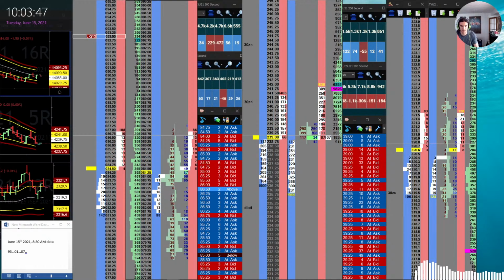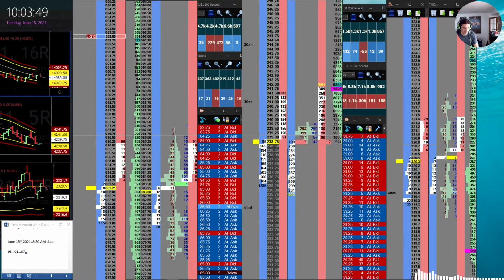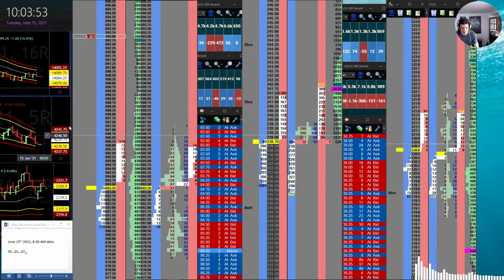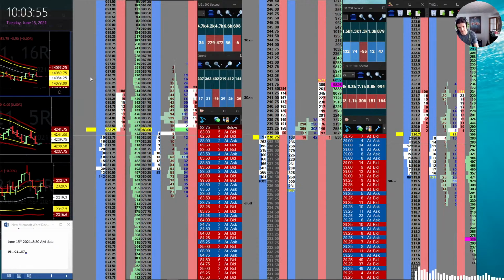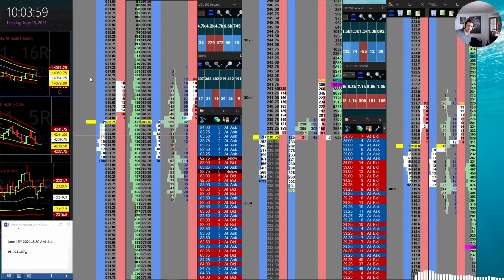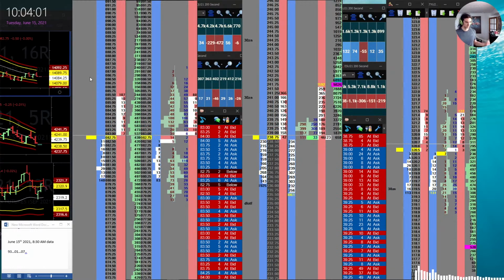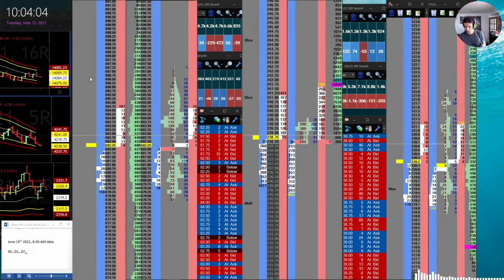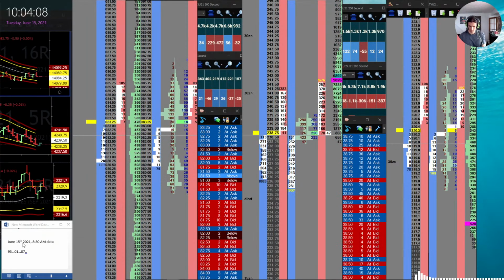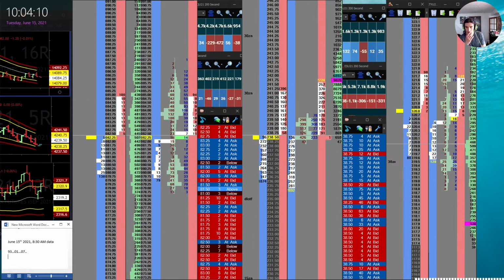So we had a stop run higher on the ruts.